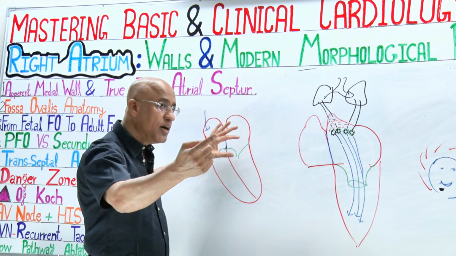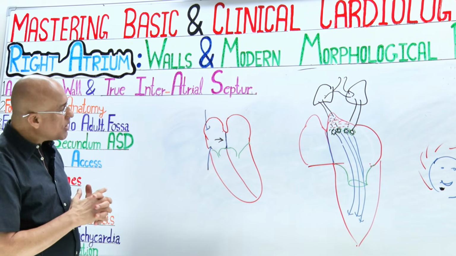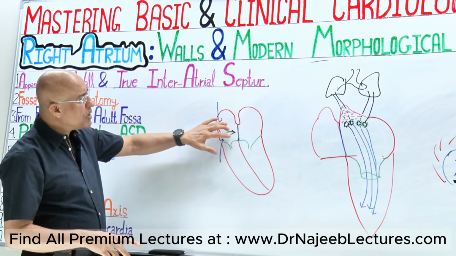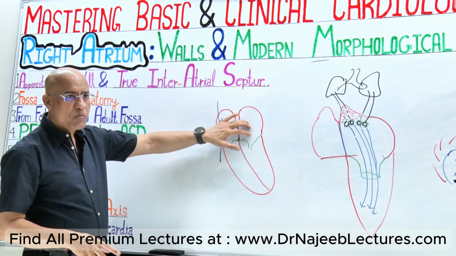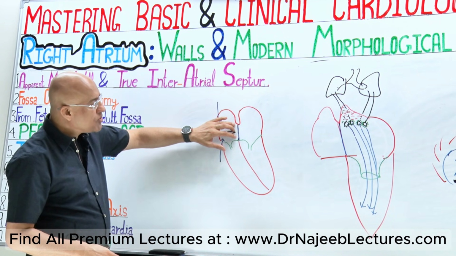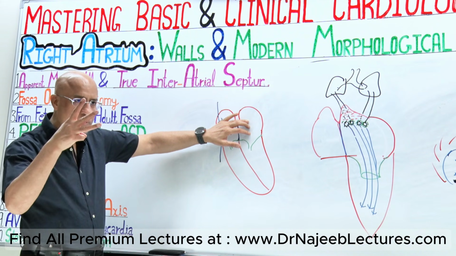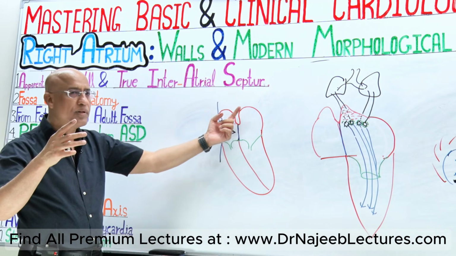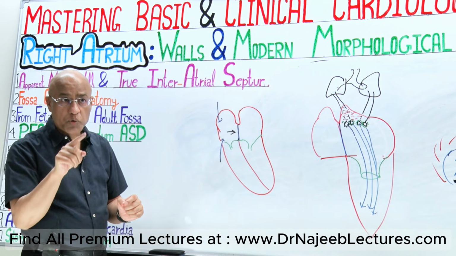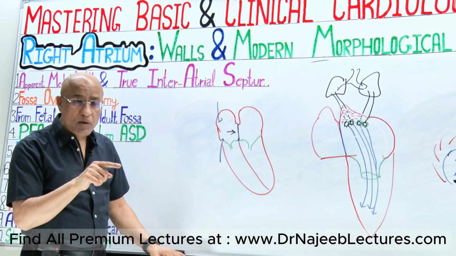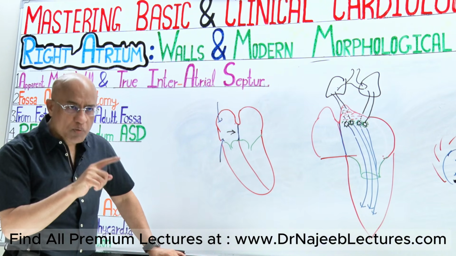That we will discuss with the mitral valve diseases. So there are multiple reasons that we have to do transseptal puncture, right? But I have told you only 3 reasons. You should stay within the fossa ovalis.